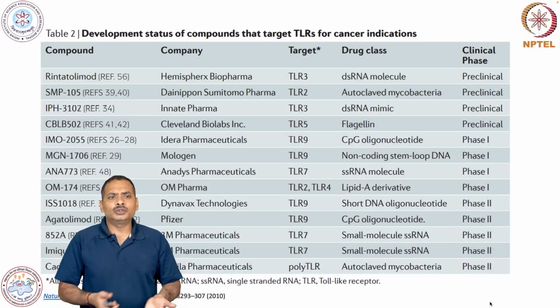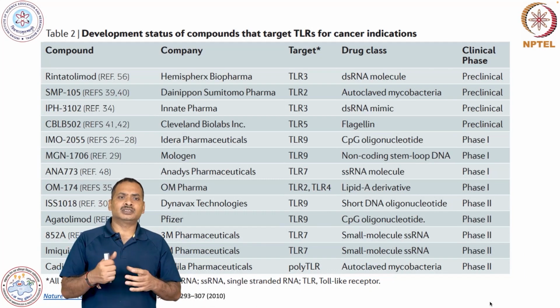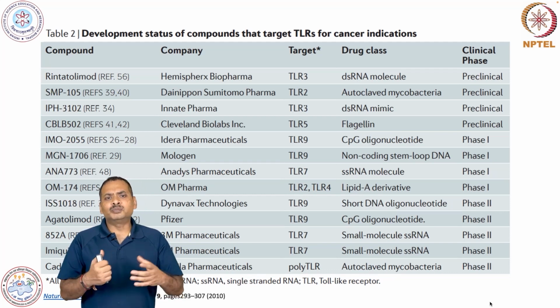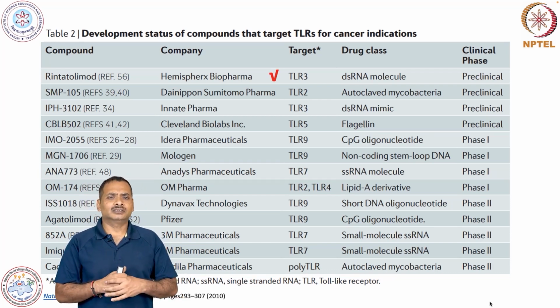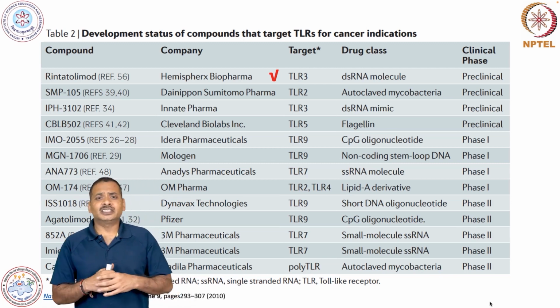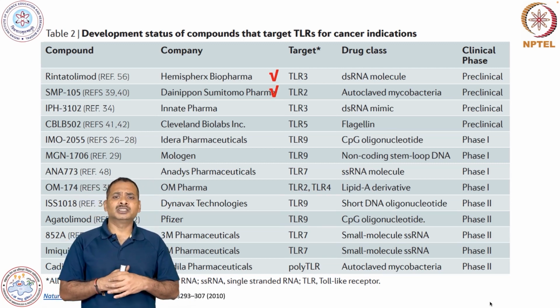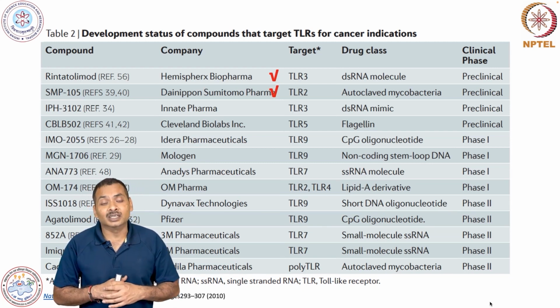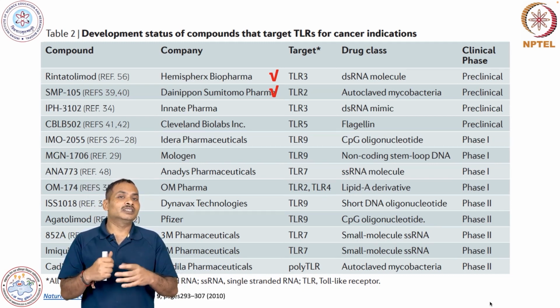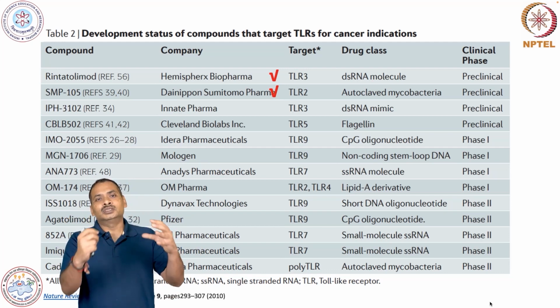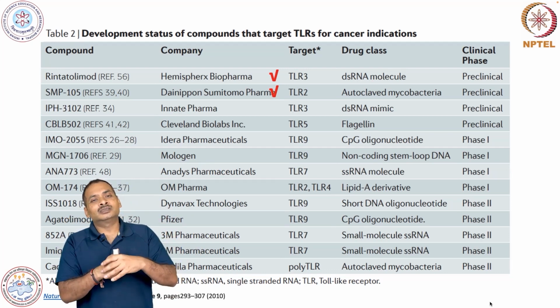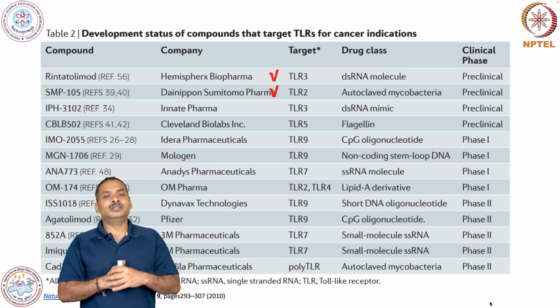There are several molecules, as you can see in this table. These are basically compounds that target TLR for the treatment of cancer, okay. Here you can see there is a TLR3 ligand which is a double stranded RNA molecule. There is a TLR2 ligand which is autoclaved mycobacteria. Try to understand, mycobacteria have a variety of PAMPs, a huge, heterogeneous complex of PAMPs, okay.